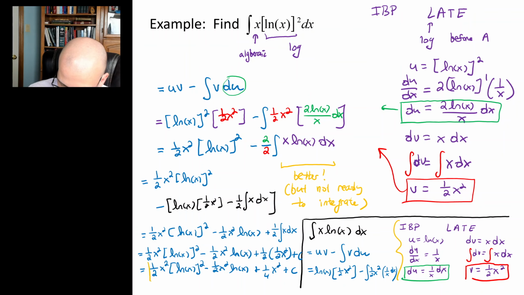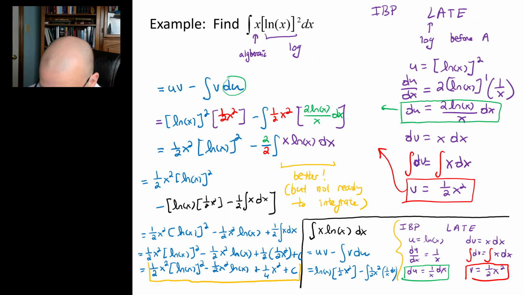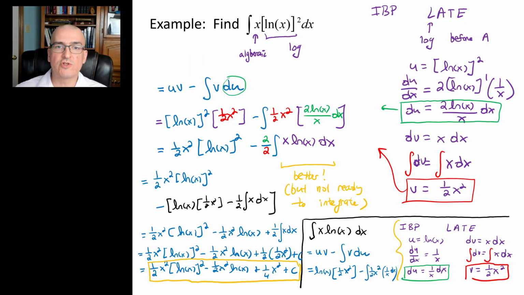So hopefully, if you're mortal, if you're a human being, seeing integration by parts for the first time, you should be unhappy with what just happened, the gigantic mess that was created. But what we're doing is we're using a sequence of integration by parts steps to reduce the complexity of the integral that we're working with.